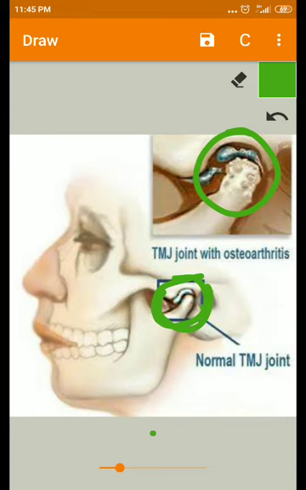Usually rheumatoid arthritis occurs bilaterally. Okay, so now we are concerned with osteoarthritis. Normally this osteoarthritis usually occurs unilaterally.